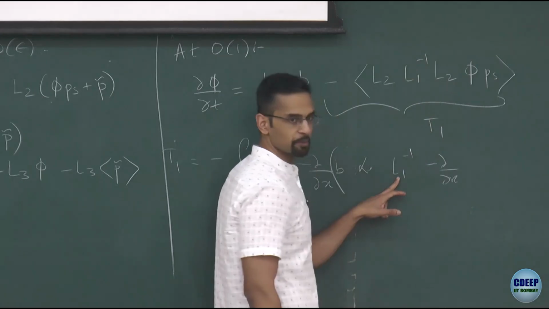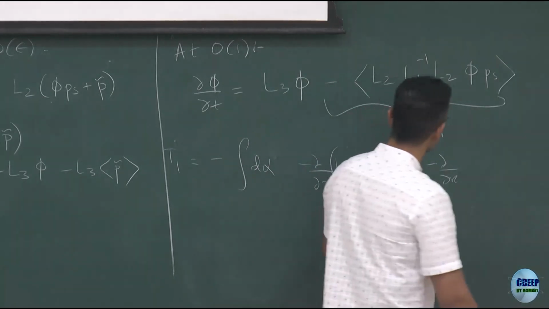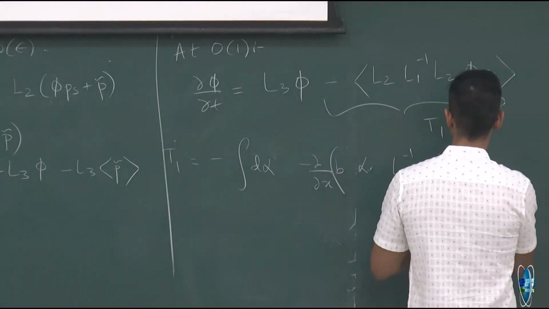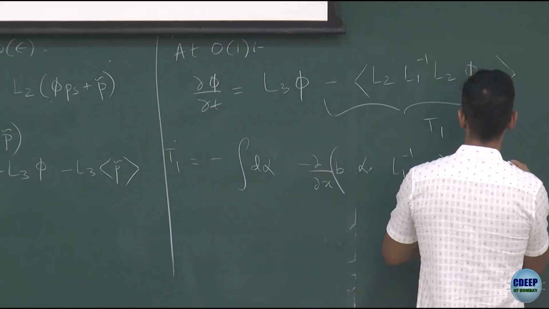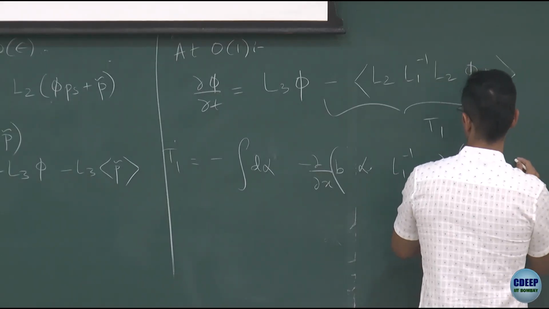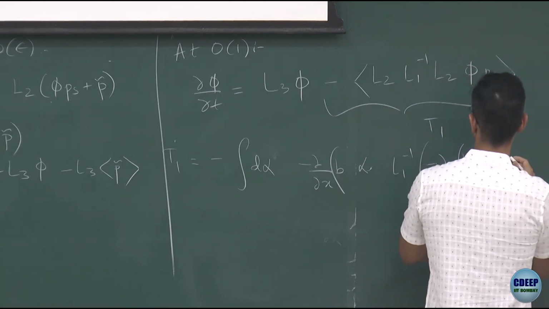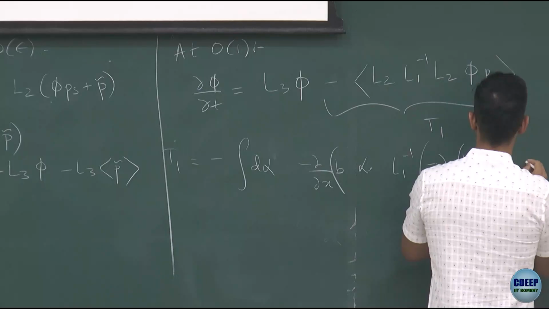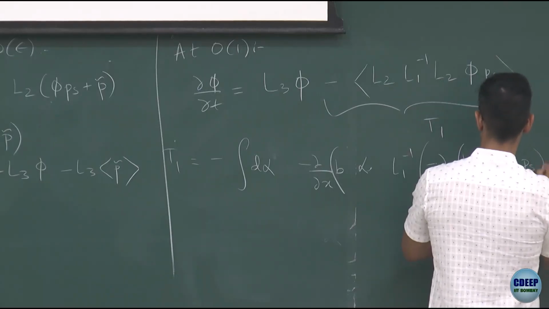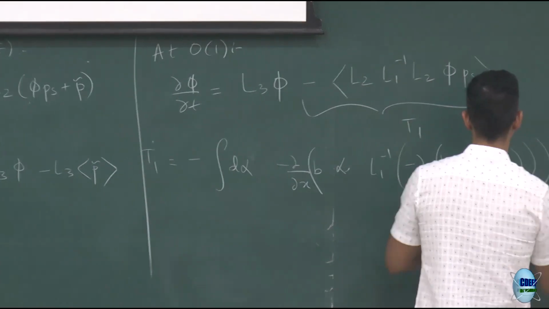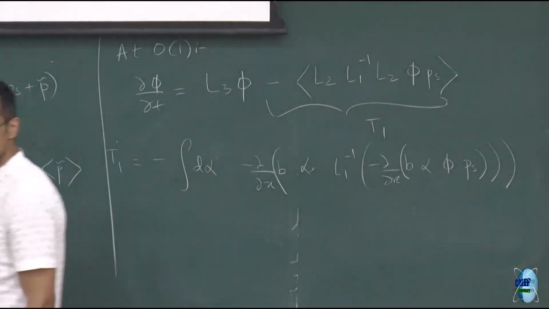So L1 inverse is some operator involving only alpha. D by dx again, b alpha.